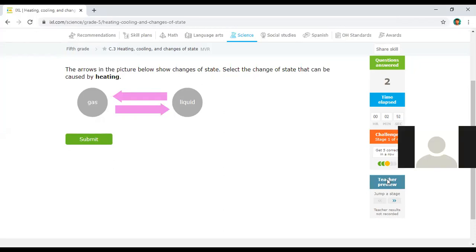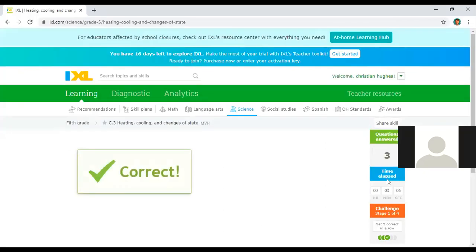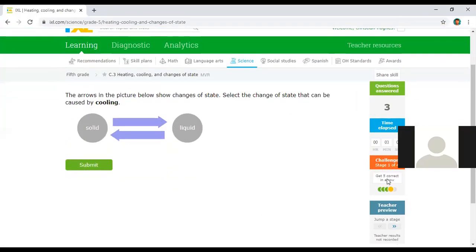Which one is it? The liquid is going to the gas? Yes, because that would be the liquid being warmed up on the stove to turn into steam. So good job. Nice.